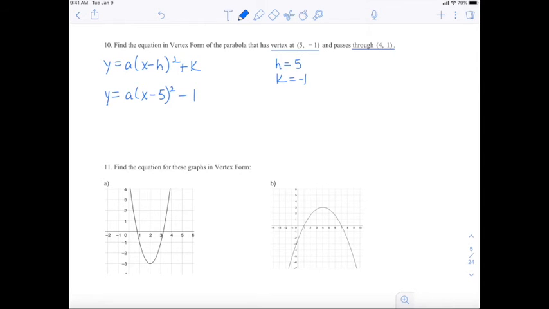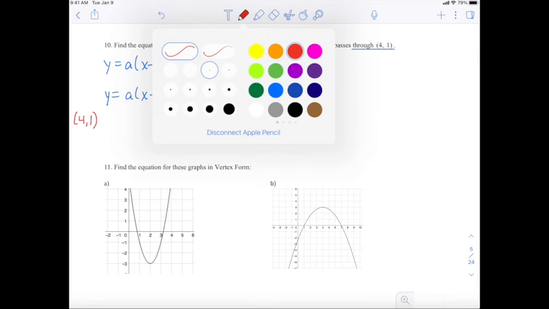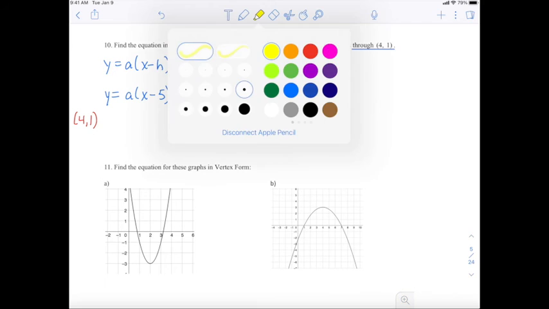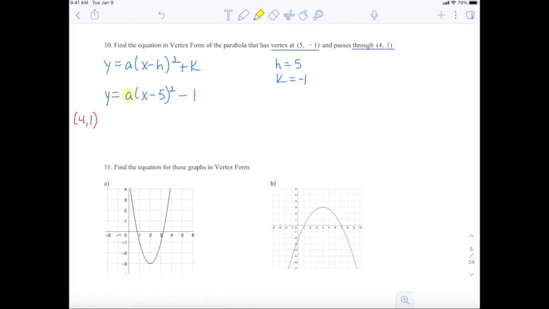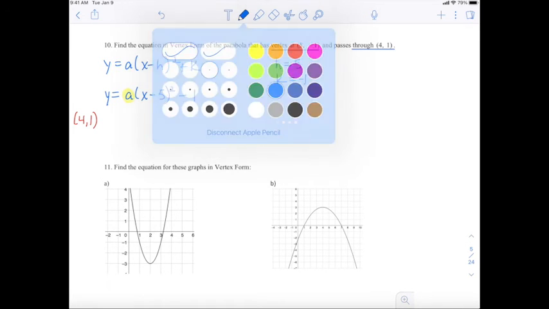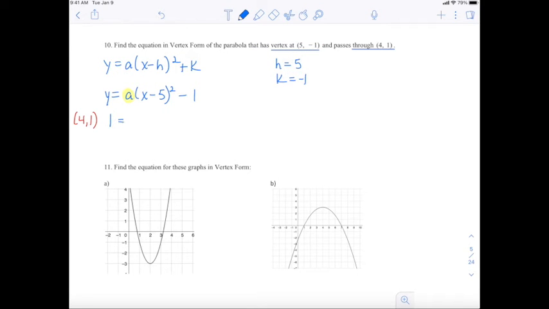And then what I can do is I can sub in (4, 1) in order for me to solve for my unknown parameter, which is a. So my final answer will always have an x and a y in it, but my a, h, and k values should be solved. All right, so here we get 1 minus 1. So a is 2. My final answer, y equals 2(x minus 5) squared minus 1.